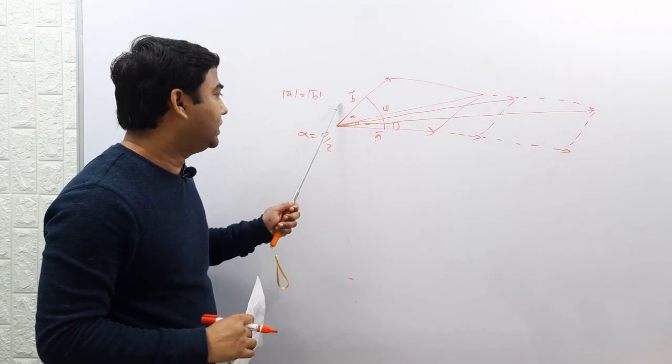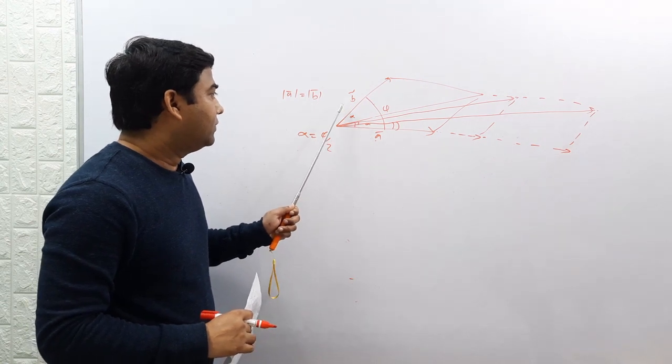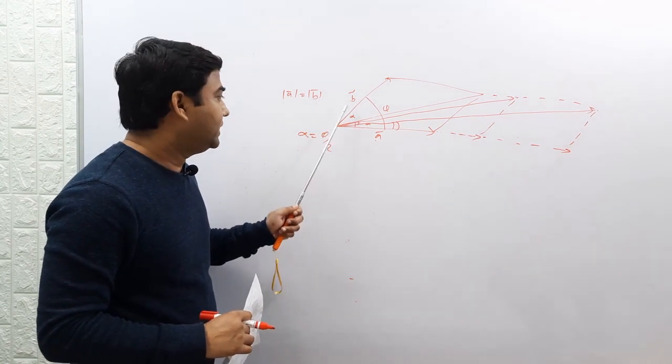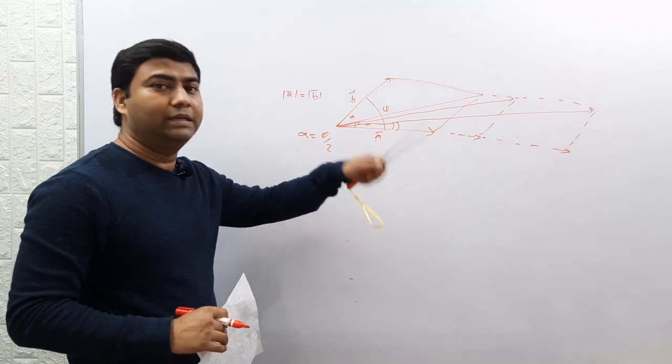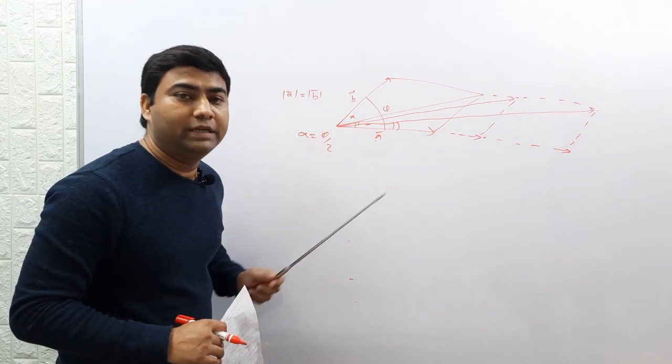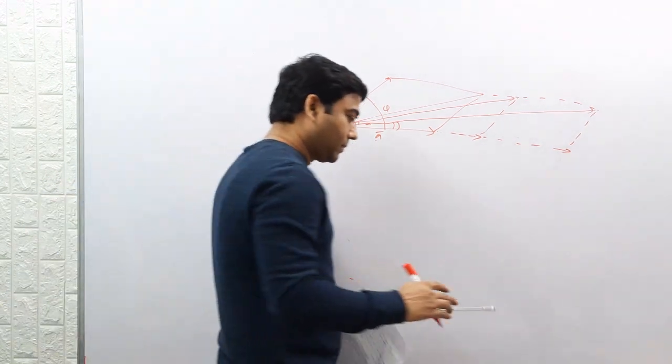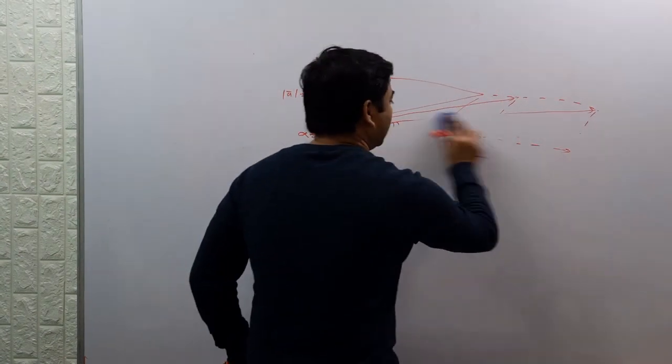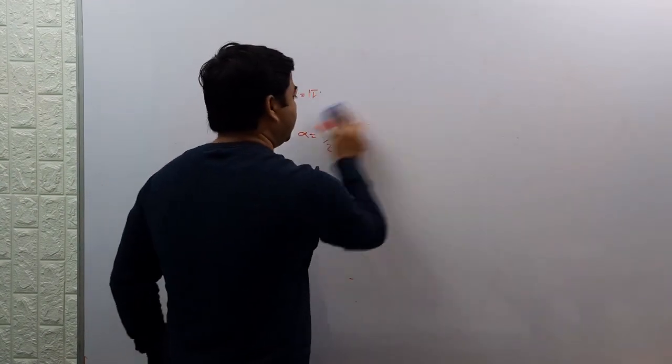A and B are the two adding vectors. Whichever is greater in size out of A and B, the resultant vector will be inclined toward it. So this is just one of the observations, you can keep it in your mind.